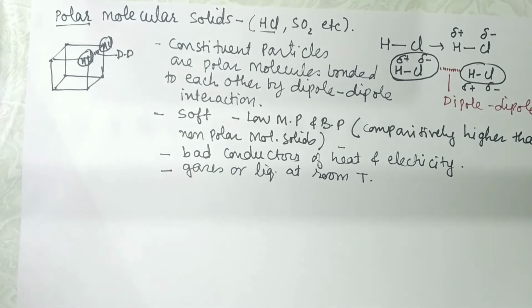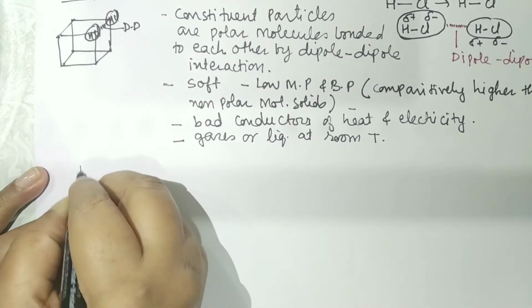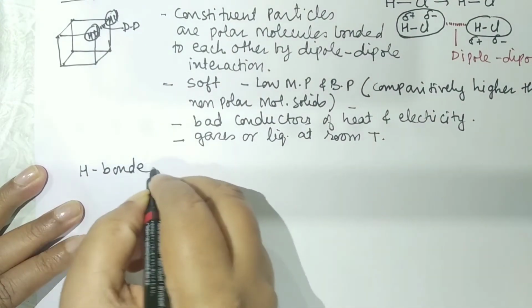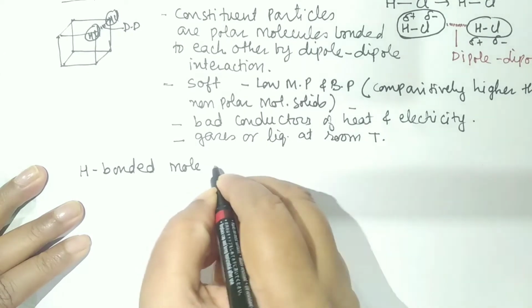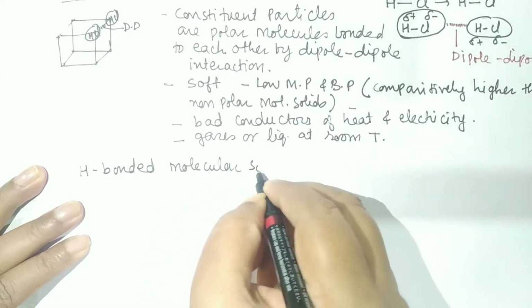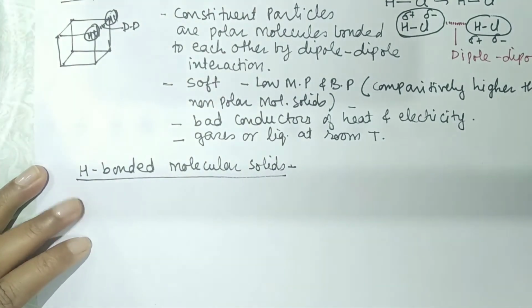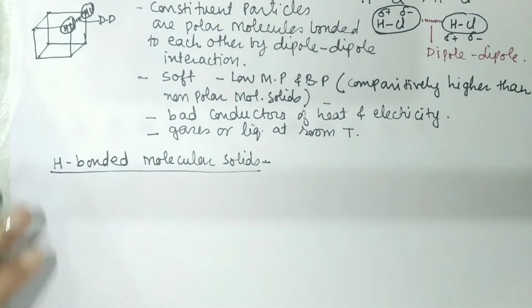Let us come to the third type, and that is hydrogen bonded molecular solids. Let us first understand what that hydrogen bond is.